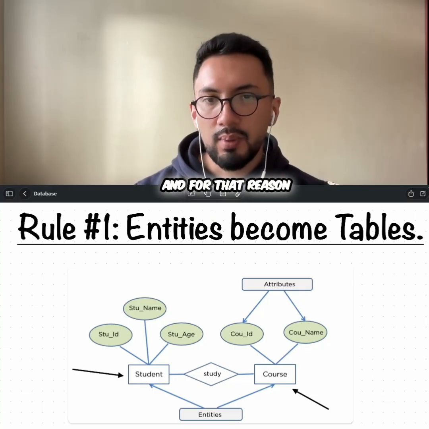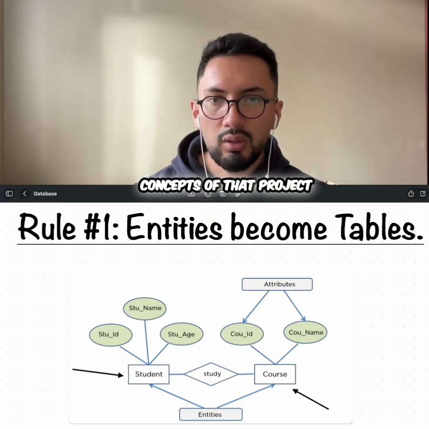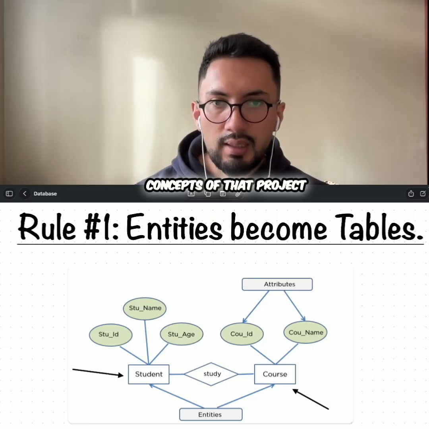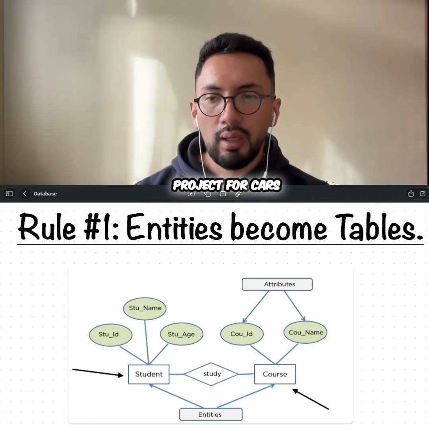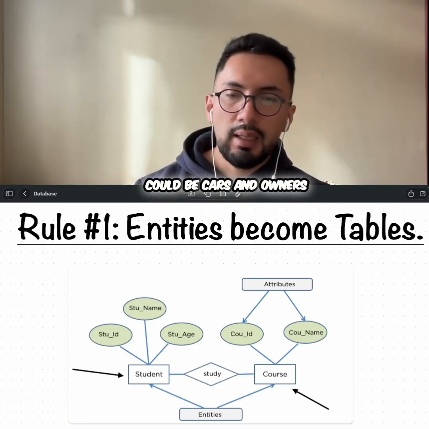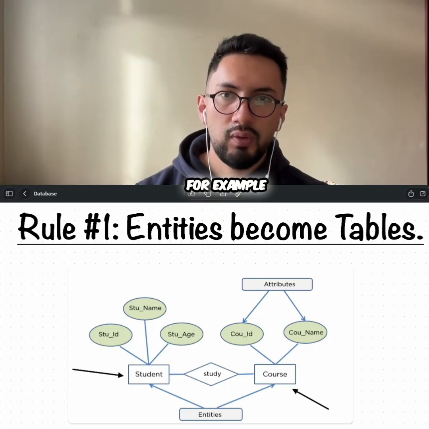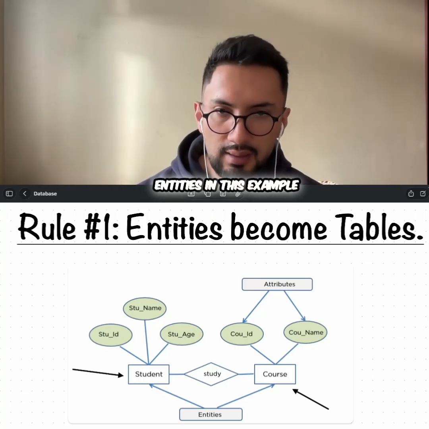And for that reason, the two main entities, or the two main concepts of that project, are student and course. For example, if you create a project for cars, your main concepts could be cars and owners. Those concepts become entities in this example.